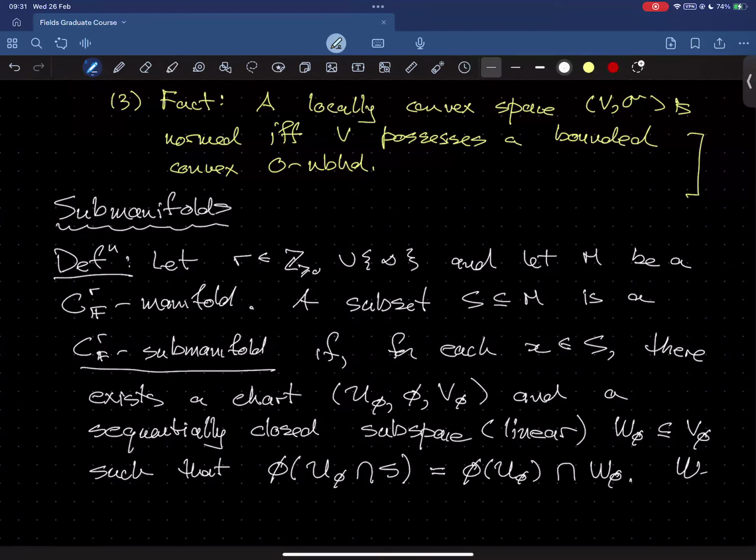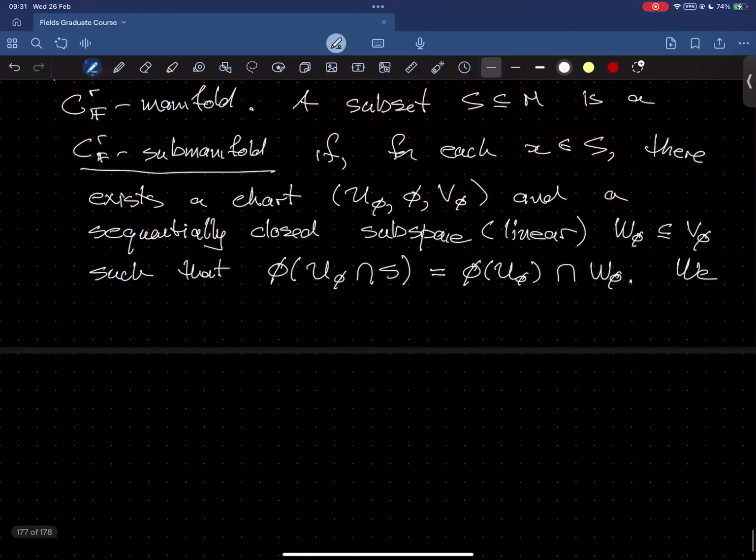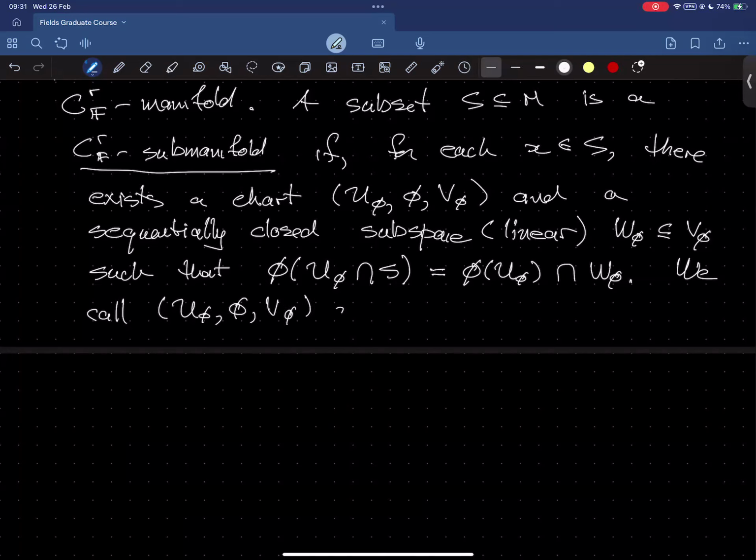So we call U phi, phi, V phi a submanifold chart.